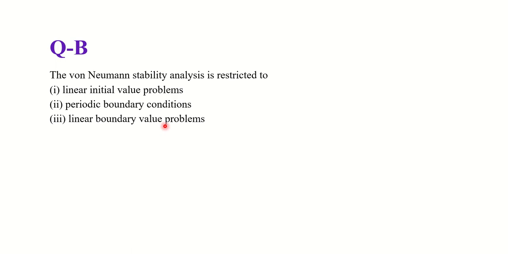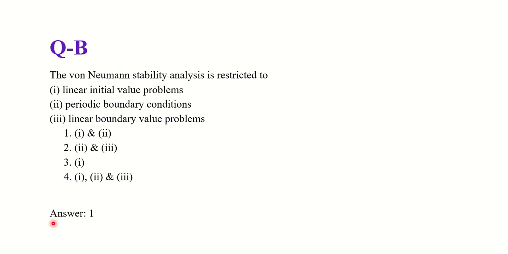Option 3 is wrong; linear boundary value problems is not applicable. We will see the options that are given: 1 and 2, or 2 and 3, periodic boundary conditions and linear boundary value problems, linear initial value problems, 1, 2 and 3, all three. No, the answer to this is option 1, linear initial value problems together with periodic boundary conditions. Now we will move on to question C.